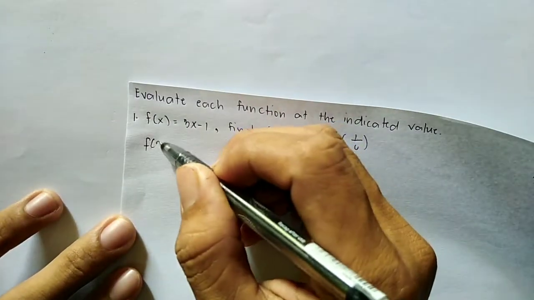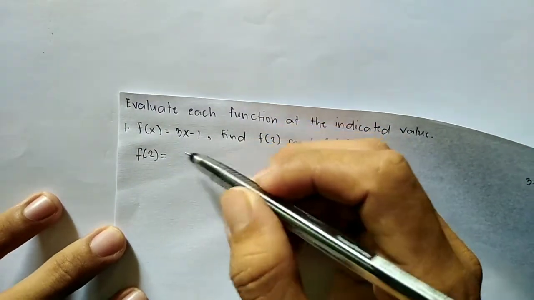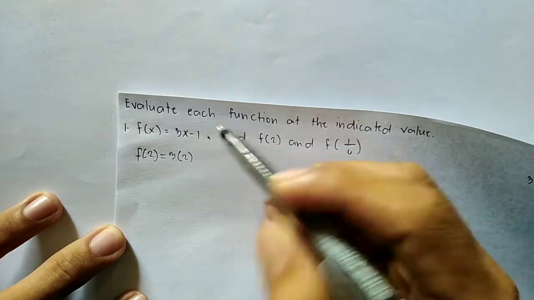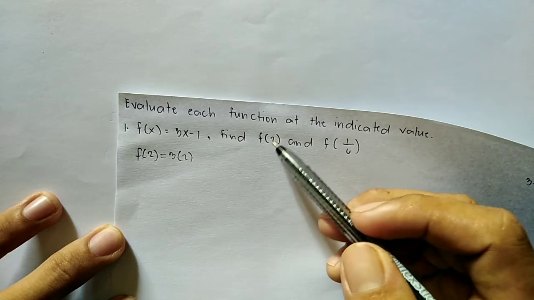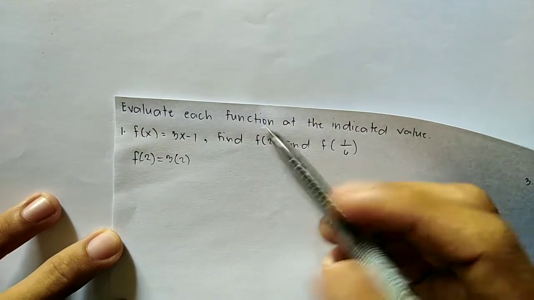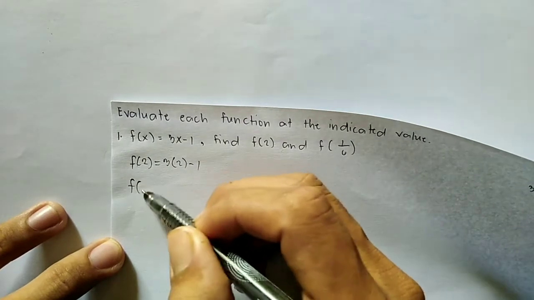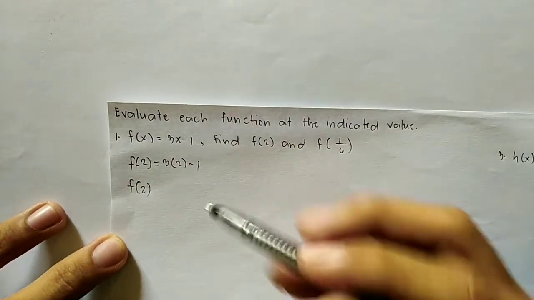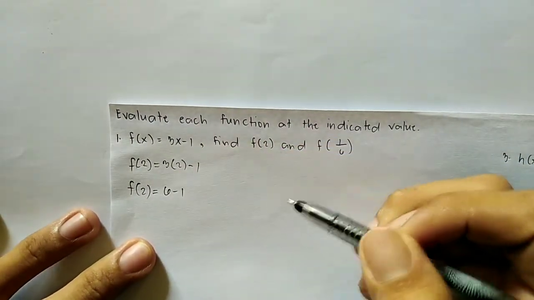So at f of 2, or x equals 2, the value of the function will be determined. Just replace the variable x with the indicated value of x, which is 2, then minus 1. Let us simplify this. f of 2 equals 3 times 2, that is 6, then minus 1.